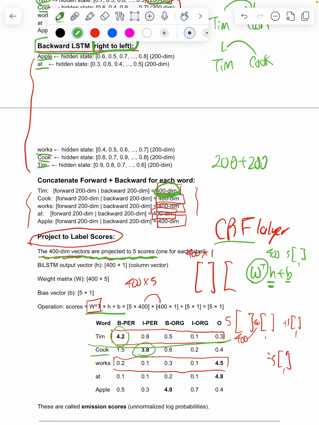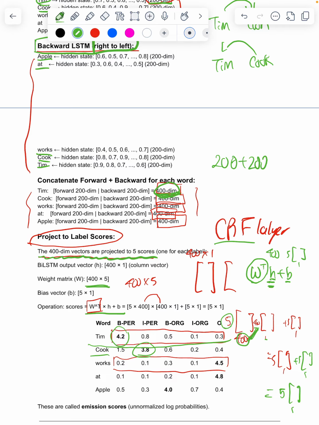To explain, the weight matrix would be 400 by 5, but because we're going to transpose it, the dimensions would be 5 by 400. The input vector would be 400 by 1. In linear algebra, if these two dimensions are the same, they cancel out and generate a 5 by 1 vector. Now we have a 5 by 1 vector for the bias, so this would also be 5 by 1.